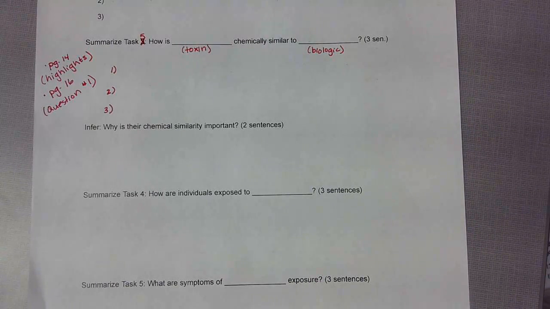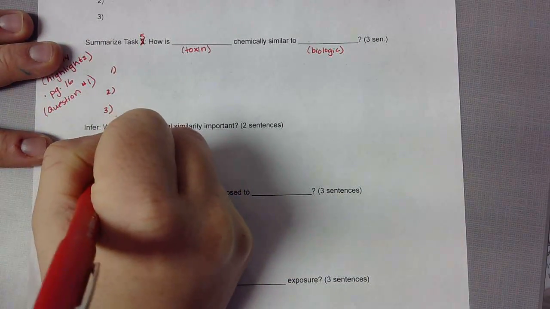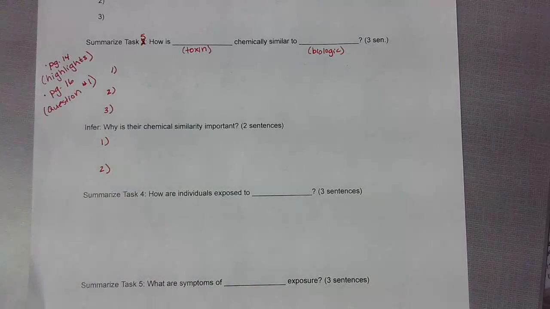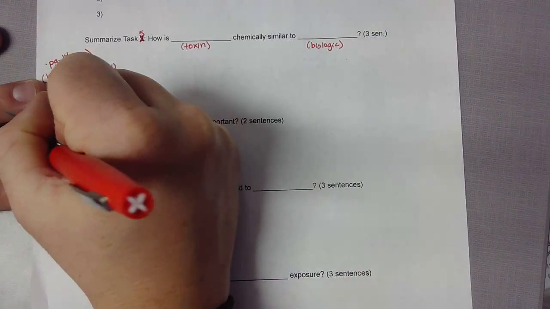Okay, so the next one, I'm going to actually kind of talk through this a little bit more. So the question is, why is their chemical similarity important? So you are explaining the premise of the toxic mimic here. So what you are going to be looking at is page 5, because this is where I introduce the idea of a biological mimic.